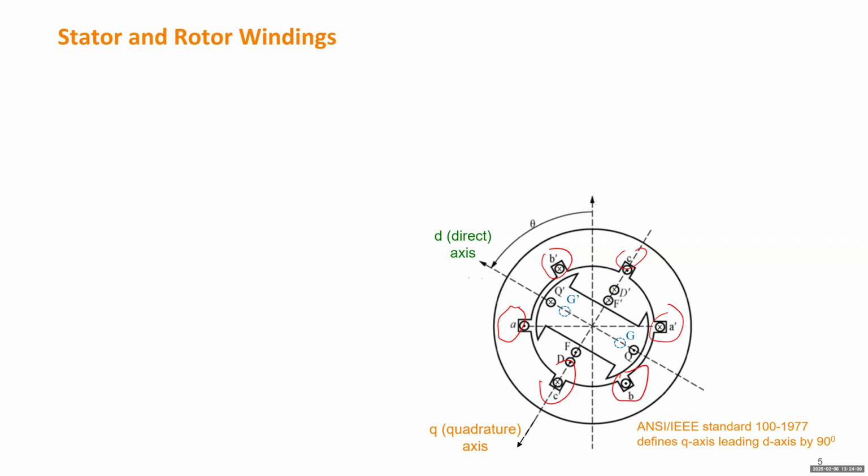Right now I intentionally draw the rotor separated from the vertical axis by angle theta. Theta indicates the location of the rotor, that is, the location of the d axis. So if we use the angle to categorize the direction of d, the angle is theta. And q leads d by 90 degrees, based on the IEEE standard, so q will be theta plus 90 degrees for the angle.